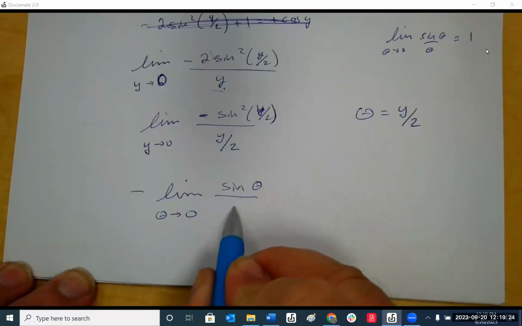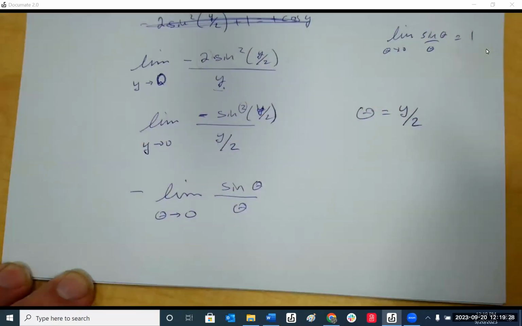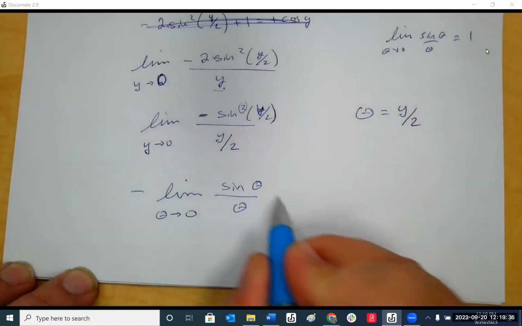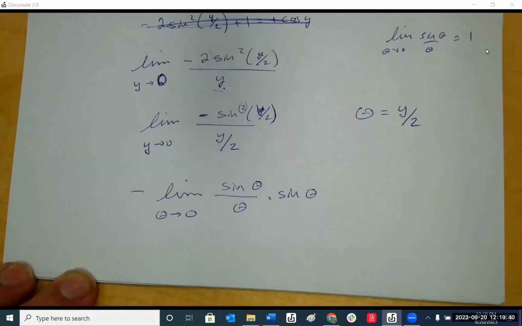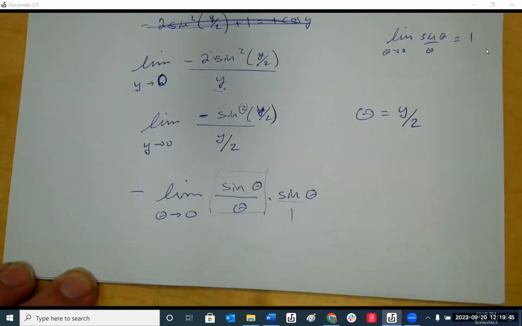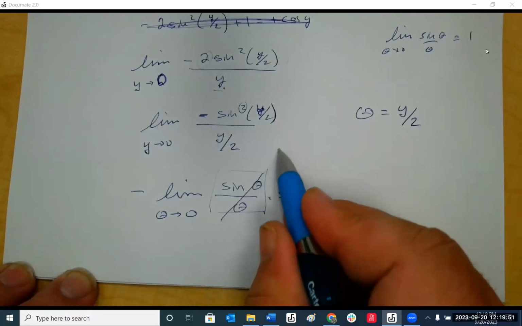Sine theta over theta. If I do this square, it becomes times sine theta. I'll just split them up, because I need to have this for sure. What does sine theta over theta become? 1.